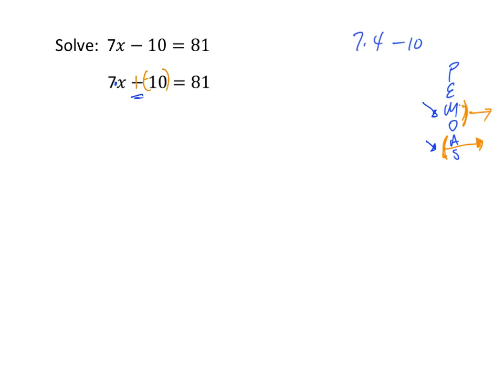So how do we undo adding negative 10? Well, remember we're trying to get a 0 from this. From right here, we want that to be a 0. So we're going to add positive 10 to both sides.